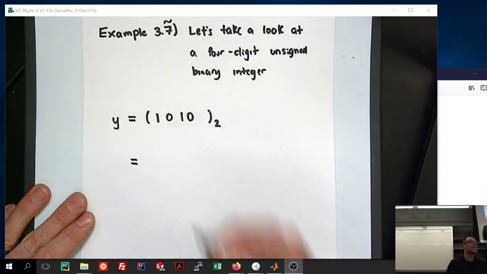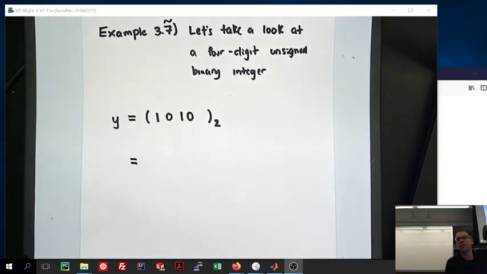Okay, let's go ahead and look at this. How many binary digits is this number? 4 binary digits, which means what's the index on the most significant bit? 4 minus 1 is 3, right?